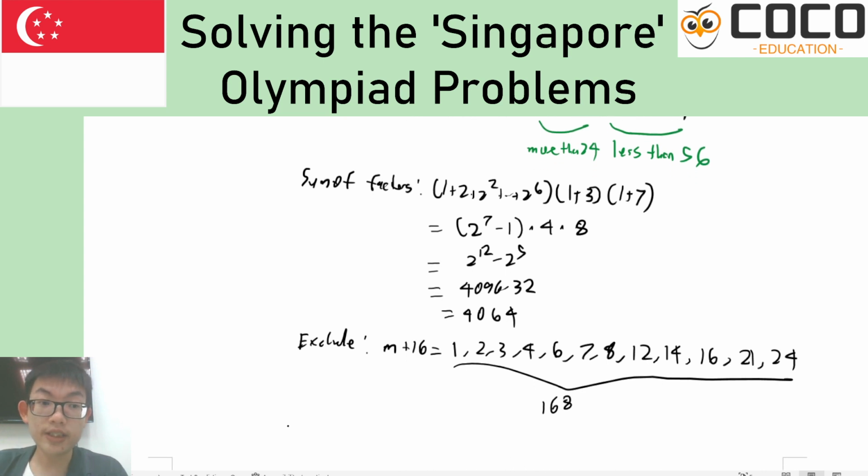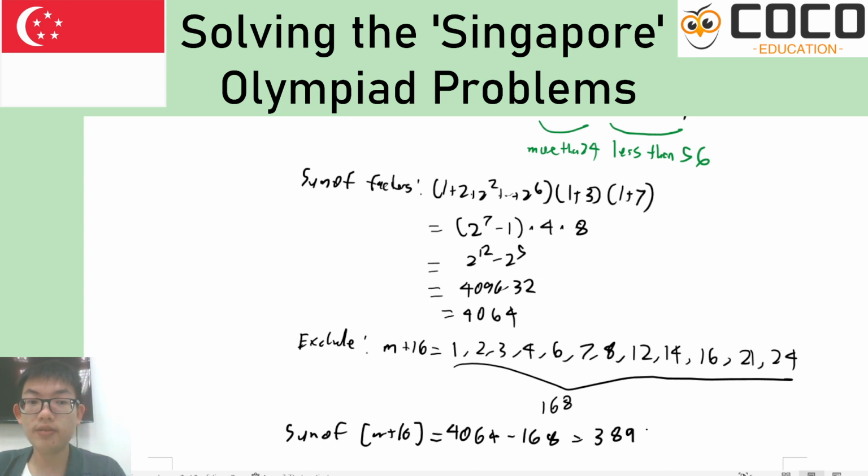And so all the rest, your sum of m plus 16 values would be equal to this minus this, which is 3896. And down here, we have got 6, 7, 8, 9, 10, 11, 12 possibilities, which means that there are a remaining 16 possibilities down here.